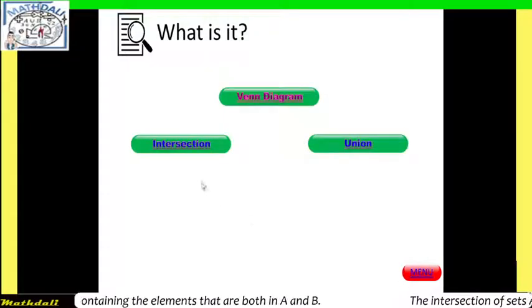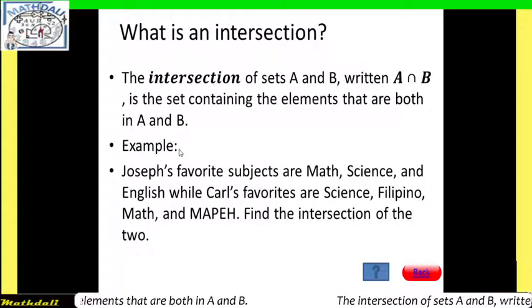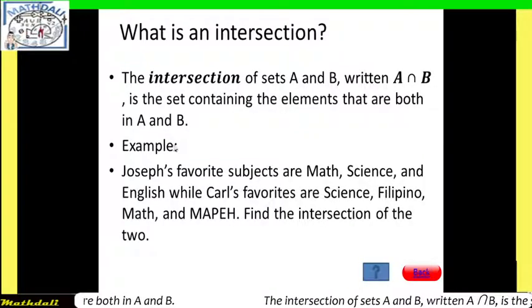Okay, so this time, let us have the intersection. Define muna natin kung ano ang ibig sabihin ng intersection.